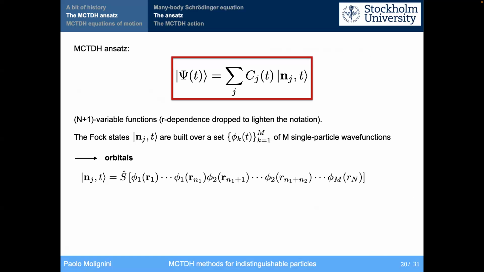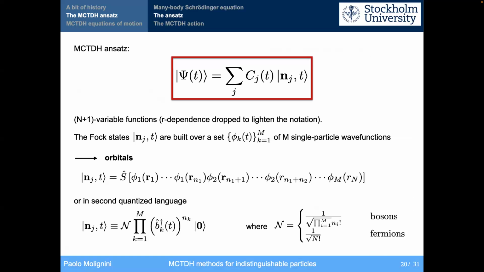So we make a product of one possible configuration of how you divide the n particles into m orbitals, into these m single particle wave functions. And then you symmetrize it to obtain either a permanent or a Slater determinant. Or if you want to write this in second quantized language, you take a product of creation operators for a given orbital with a given number of particles in it, n_k, that act on the vacuum. And then you have to properly introduce a normalization that depends on whether you're dealing with bosons or fermions.